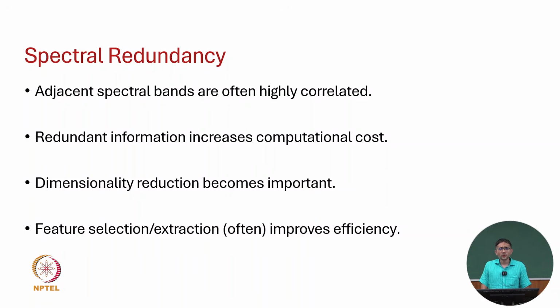Here, it's important to emphasize that adjacency is also in terms of application. There might be a specific application where the separability provided by a group of bands is redundant, whereas there might be other applications where the separability provided by those bands is still useful.